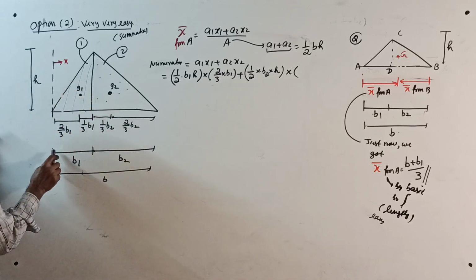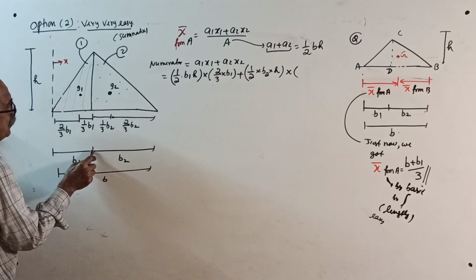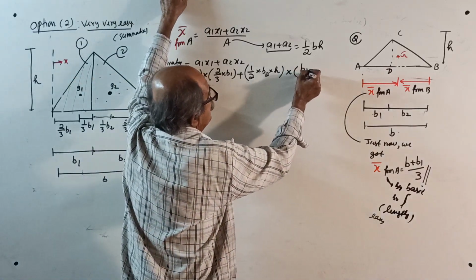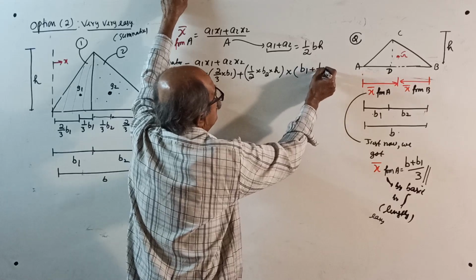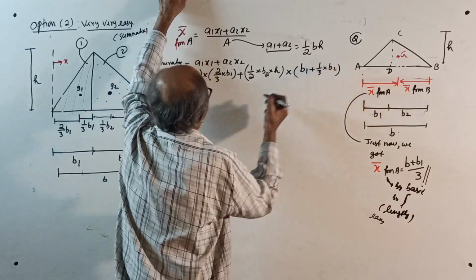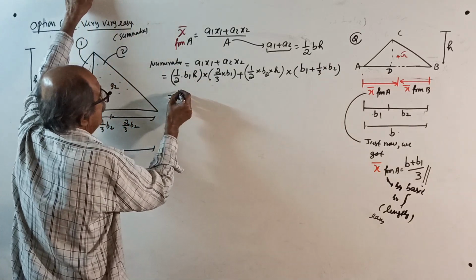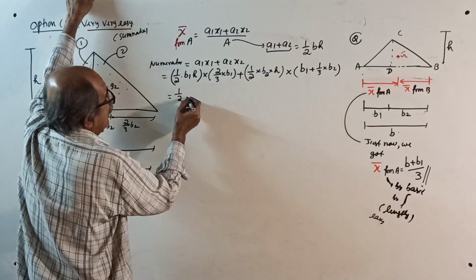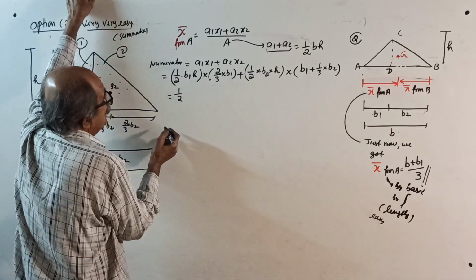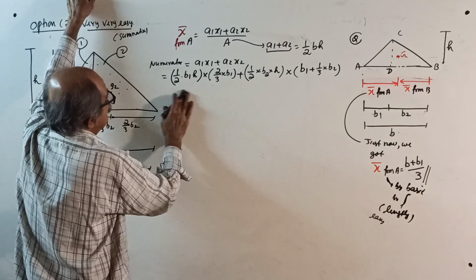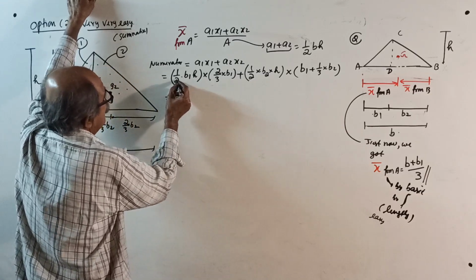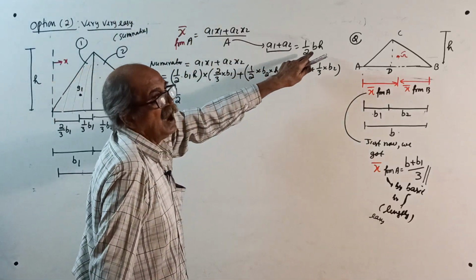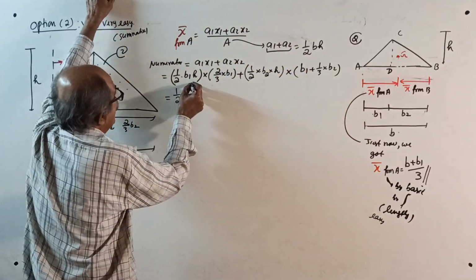So don't look at this one now. It is B1 plus 1/3 of B2. That is equal to half, and that half will be outside because in the denominator also half is there. So don't spoil that half.